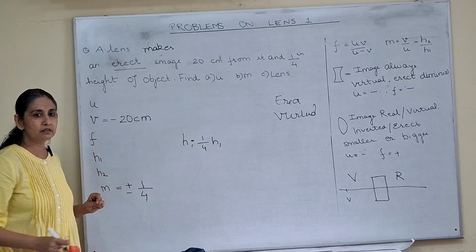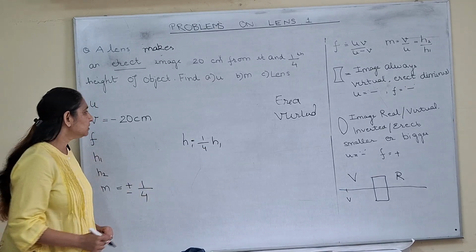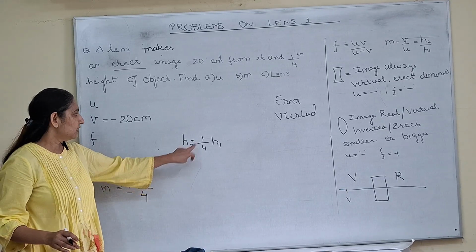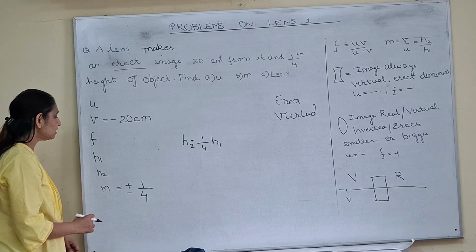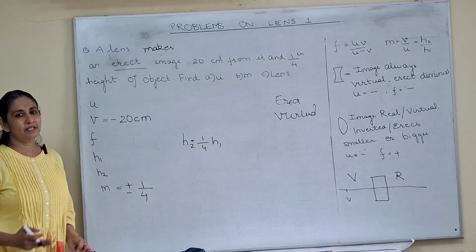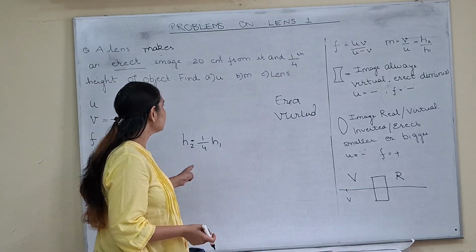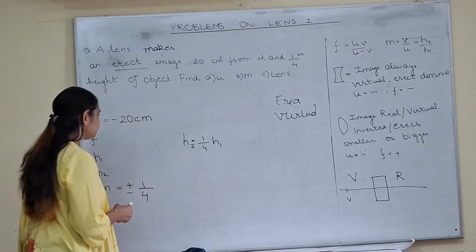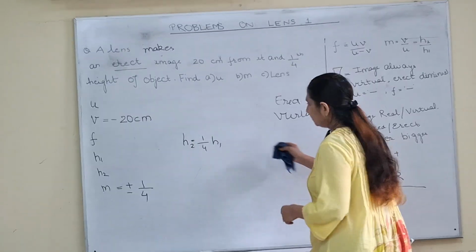That means the object is bigger and the image is smaller. Do you understand this? The image is 1/4 of the object, so magnification is 1/4, but for which mirror? Lens. I keep saying mirror because I've been doing mirrors for the last 4-5 days. So it becomes the concave lens, because it is the one that makes the smaller image.